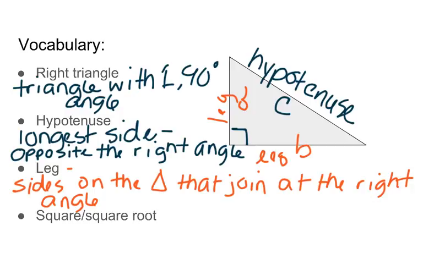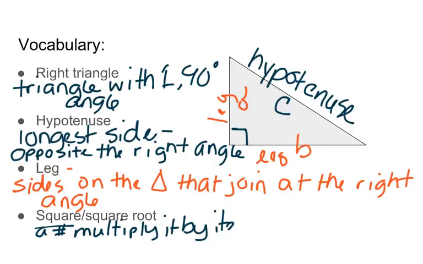One more thing we need to talk about is square and square root. We've talked about it before, but it was a long time ago, so we need to go back and talk about it again. Square is when you take a number and multiply it by itself. Sorry, it's hard to write on the iPad.